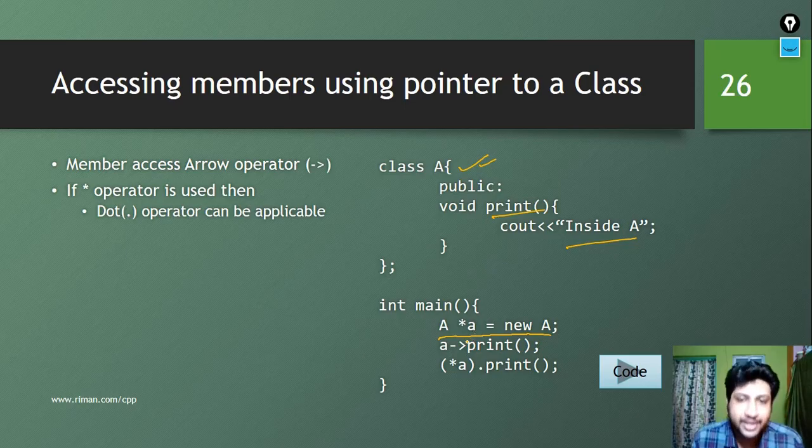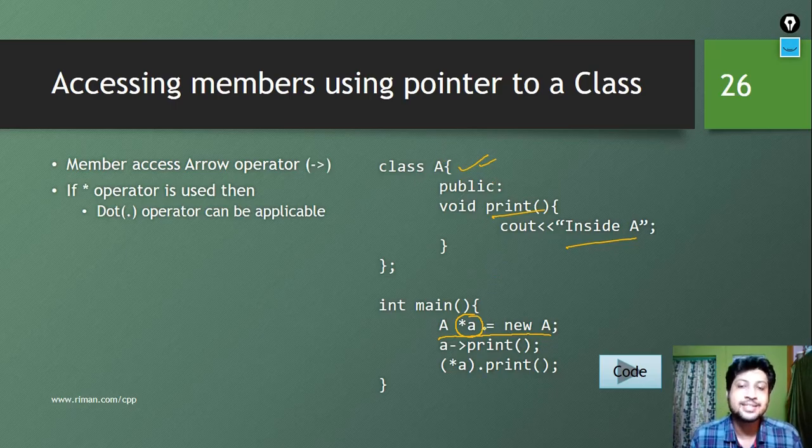Now what we have done here, we have created a pointer and initialized the object using dynamic memory. That means we have created a class type of object using dynamic memory allocation. So A star a is equal to new A. Now this a is a pointer variable to this particular class, or a pointer object to this particular class.